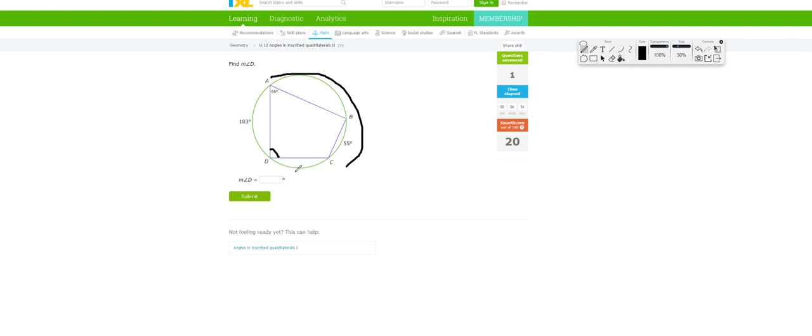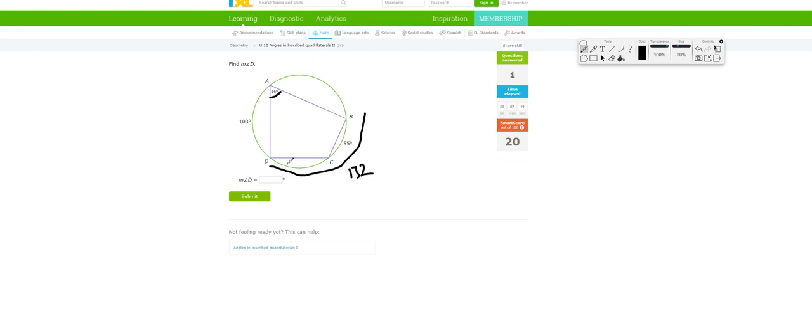So let's try that. I'm going to do 66 times 2, and that's going to give me this arc. 66 times 2 is equal to 132, which means that the arc DC, I do 132 minus 55, is 77.